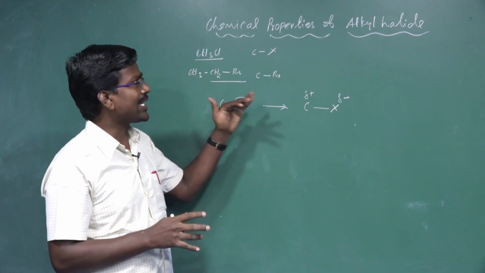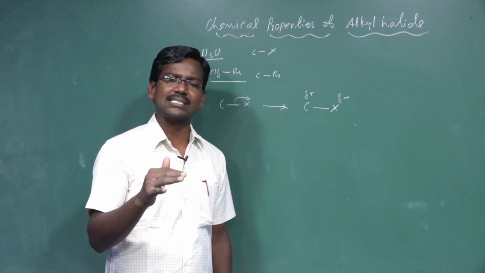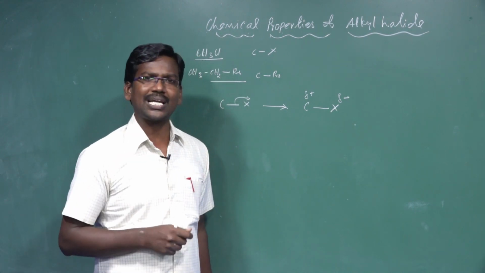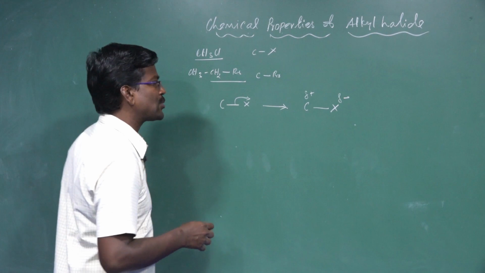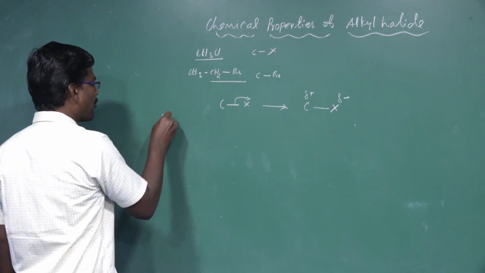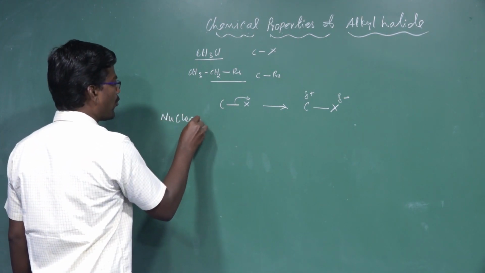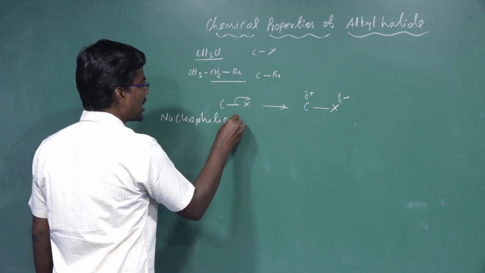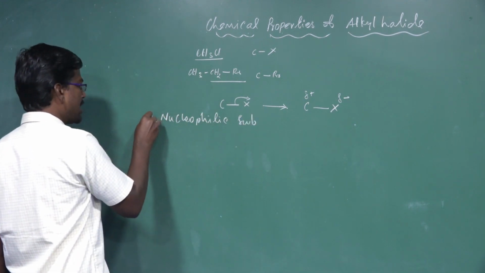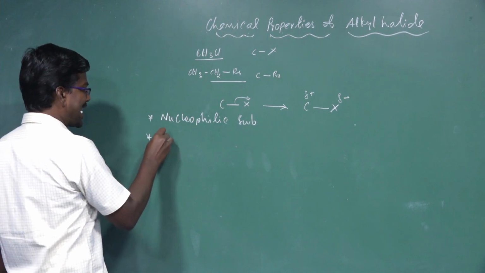In the chemical properties of alkyl halides and haloalkanes, 4 types of chemical reactions are there. One is the nucleophilic substitution reaction. Next, the elimination reaction.